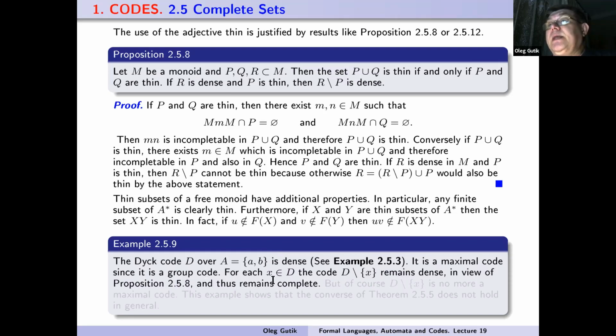For each element x from D capital, the code D capital without the element x remains dense in view of proposition 2.5.8, and therefore remains complete. But of course, D capital without the element x is no more a maximal code. This example shows that the converse of theorem 2.5.5 does not hold in general.